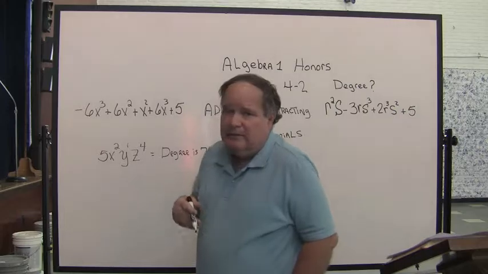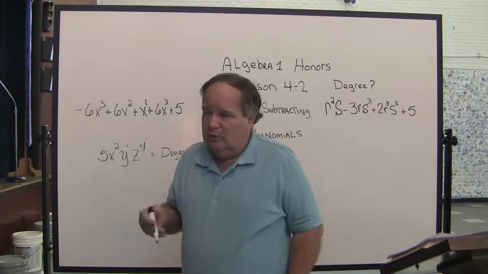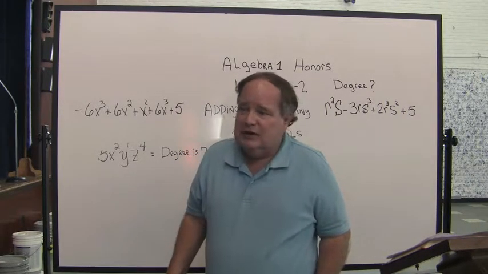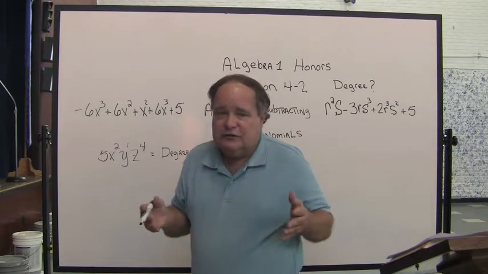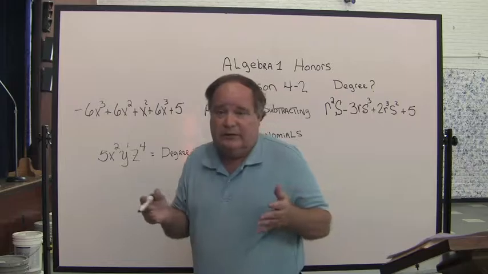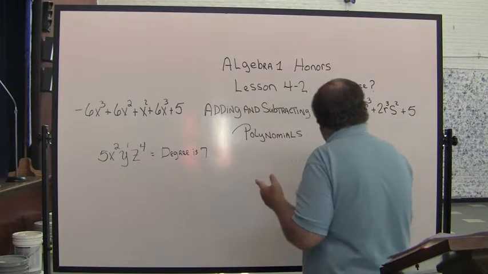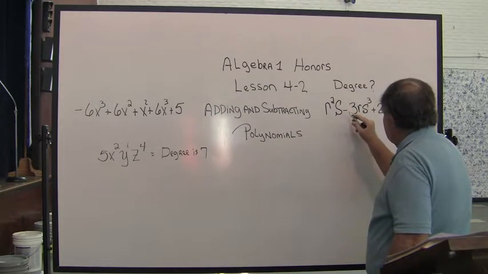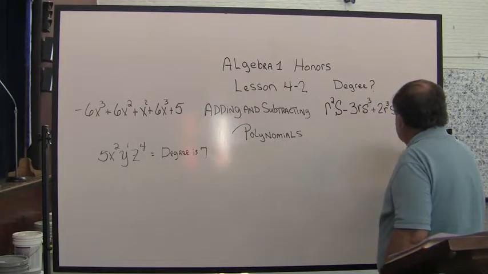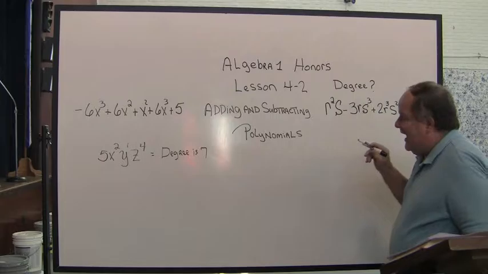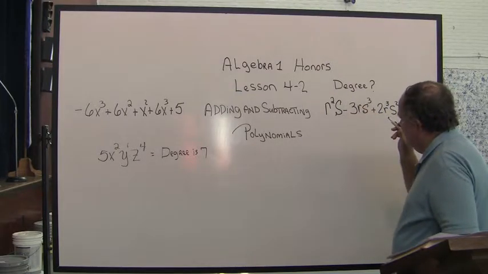Now when you go to a binomial, trinomial, or polynomial, you take the highest degree of each term. Meaning, if we look at this one here, r squared s minus 3rs cubed plus 2r cubed s squared plus 5, what we're looking for is the highest number when we add our exponents together.